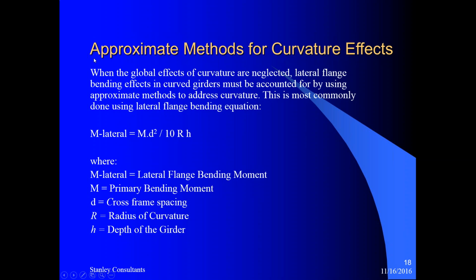So previously we said we add the primary moments and secondary moments due to curvature. It's a two-step process to get the final loading on the girder, and from that we can calculate the bending stresses.